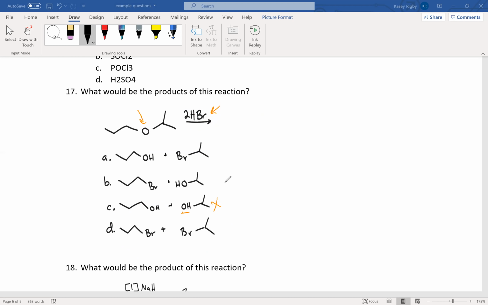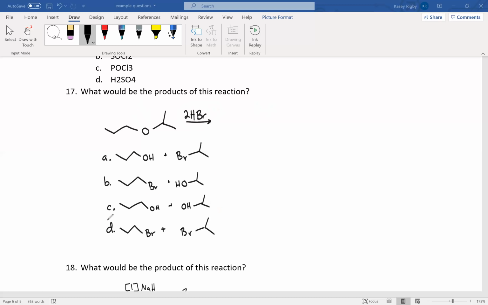And then here we have 1 Br made up, but where did the other HBr go? Why did we need 2 HBr in order to just turn one side into an alkyl halide? Same with this one. Does that all make sense? So logically going through it, you could do that if you did not know the actual reaction by heart. So in this case, it would be D.